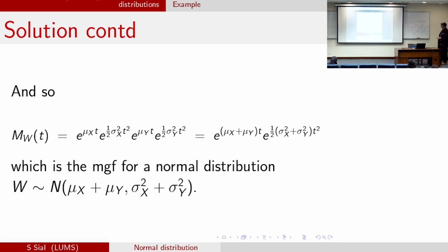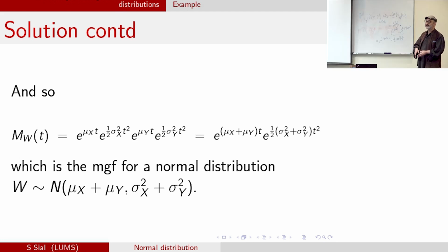So the variance of this new random variable is the sum of the individual variances, right? So if I have a normal random variable x and normal random variable y, and they're independent, and I add them together, I get a new random variable. That new random variable is itself normal, and its expectation is the sum of the individual expectations, and its variance is the sum of the individual variances. Okay?